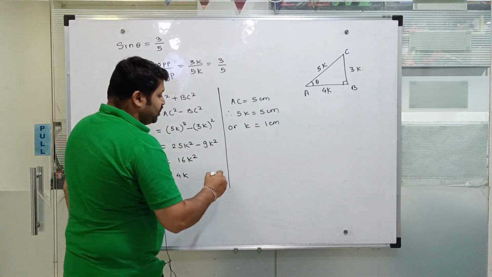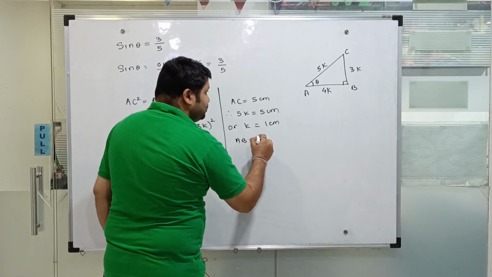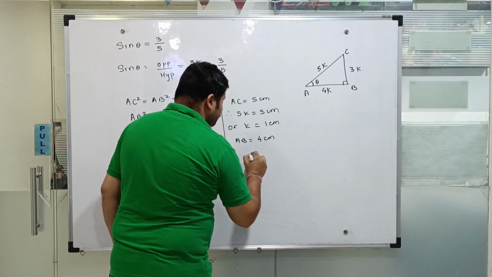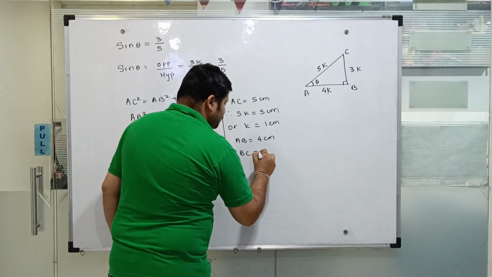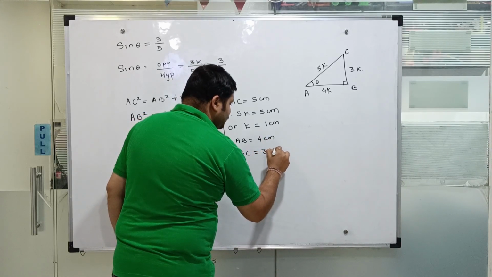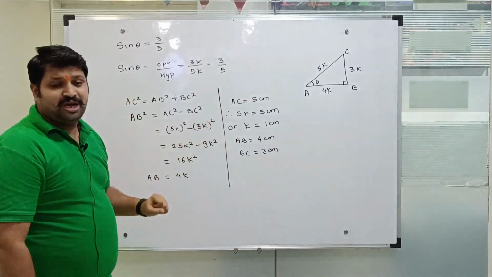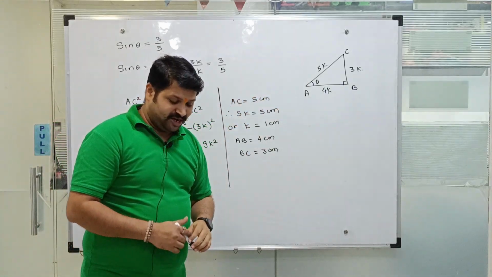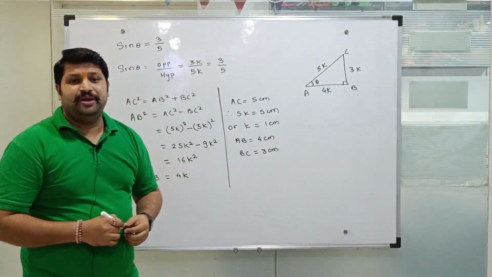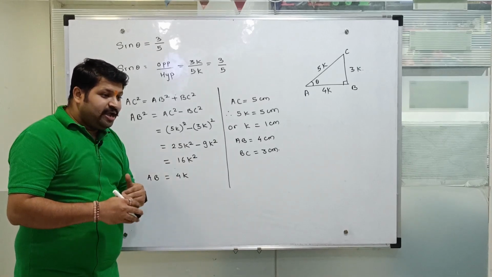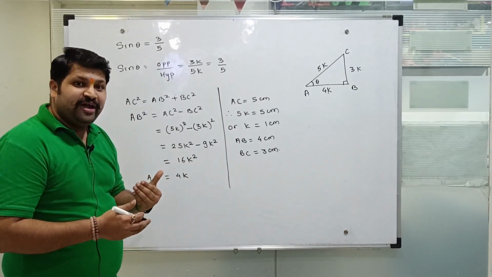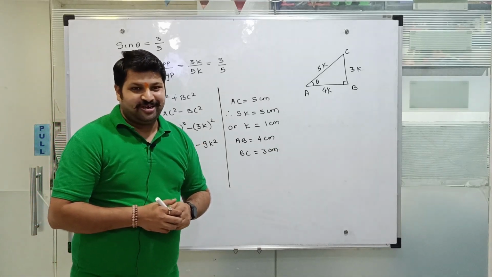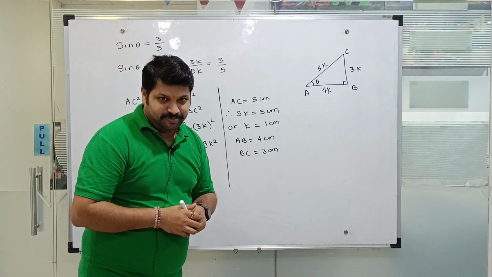So AB is equal to 4 centimeters and BC is equal to 3 centimeters. This is how I can use one trigonometric ratio and one side of the triangle to find the remaining 2 sides. I can also find the remaining ratios from the information I have just obtained.